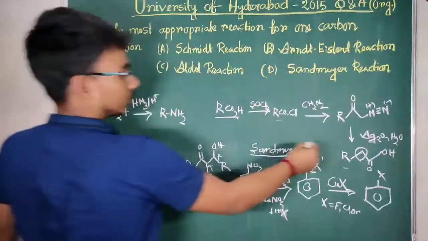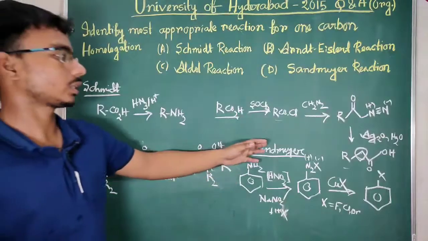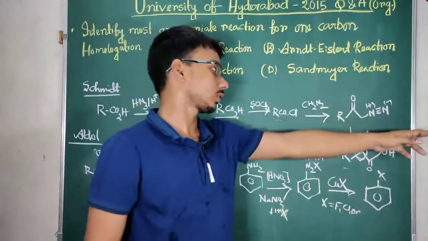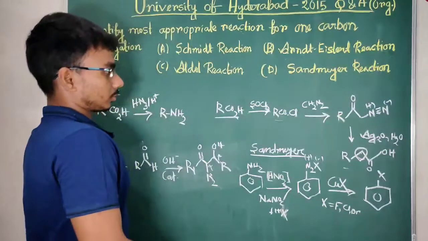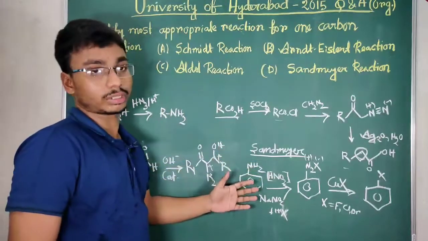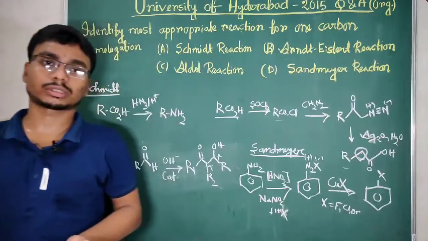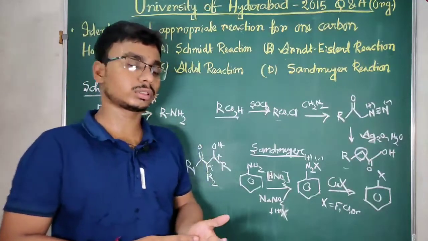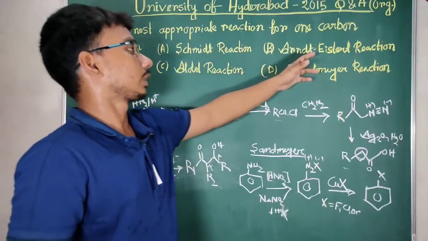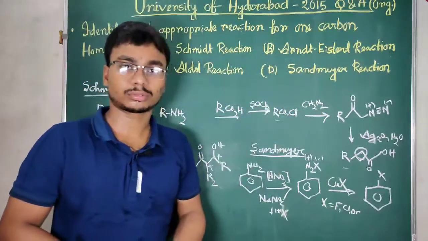So you can guess what the answer is. Here one carbon homologation occurs, so our correct answer is the Arndt-Eistert reaction. So why do I write all these reactions? Because when you solve a question, you don't have to solve only for the answer, but you have to know about the other reactions also.